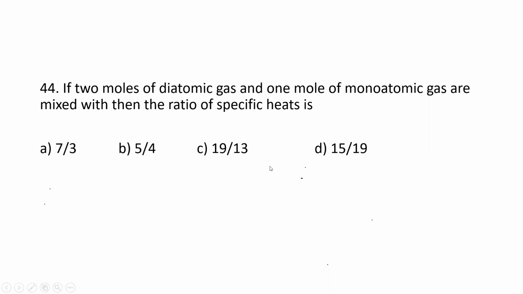If 2 moles of diatomic gas and 1 mole of monatomic gas are mixed, then what is the ratio of specific heats? So here 2 moles of diatomic gas and 1 mole of monatomic gas are mixed. Let us calculate what happens to the specific heat.